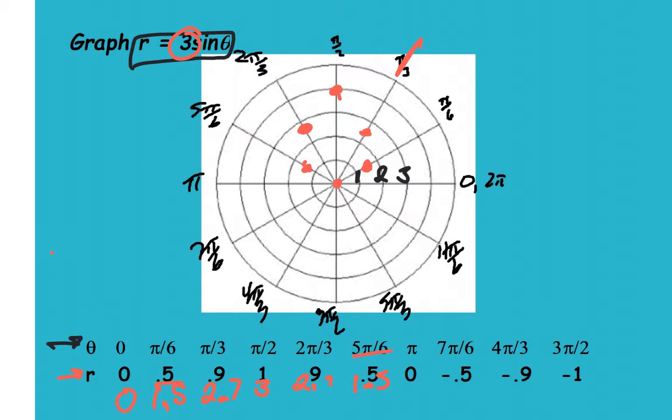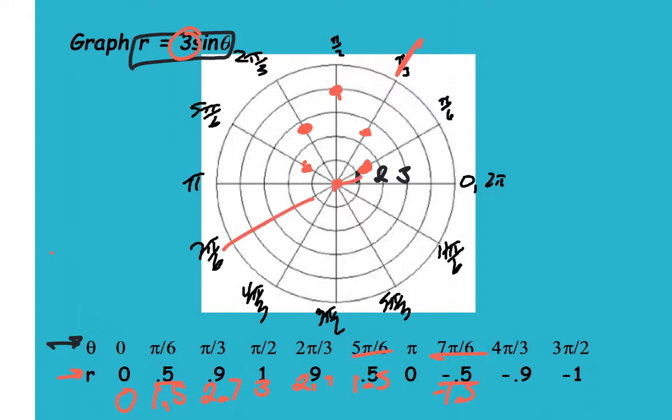Oh, do you guys see that circle? I do. And then at 0, we're back at 0. At 7 pi over 6, we're at negative 1.5. So 7 pi over 6, negative 1.5 is back here. So it's going to loop back around.